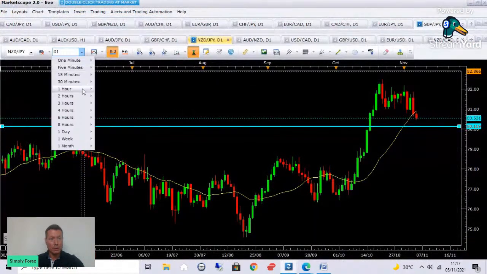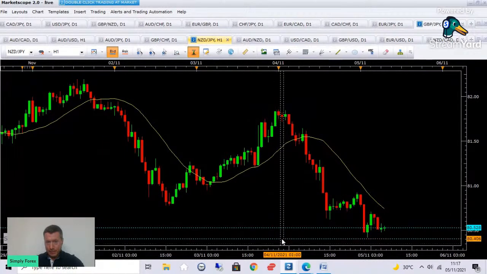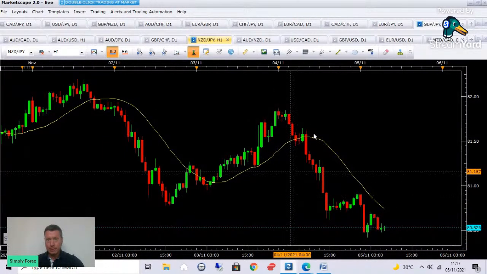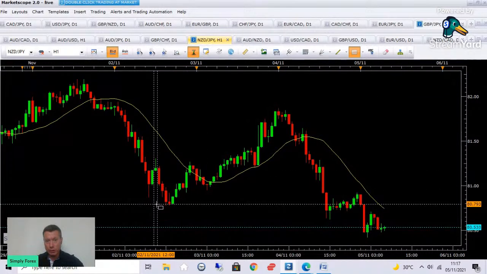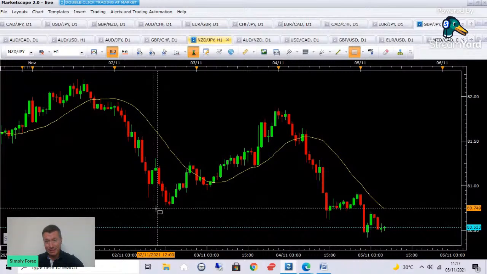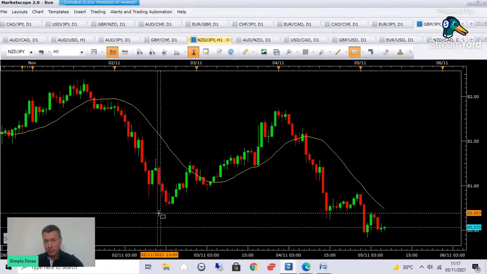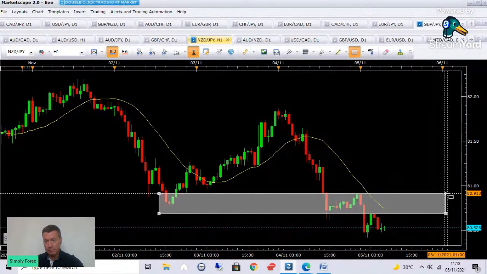Let's look on the H1 for a potential area to short. I want to take this last low into consideration, and this last high here. So we're going to do something that looks like this.